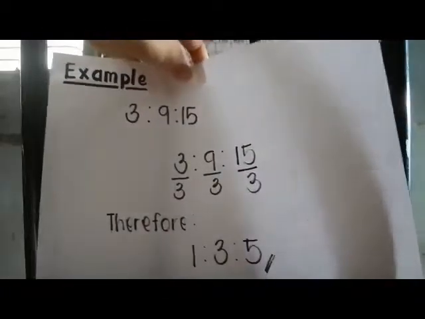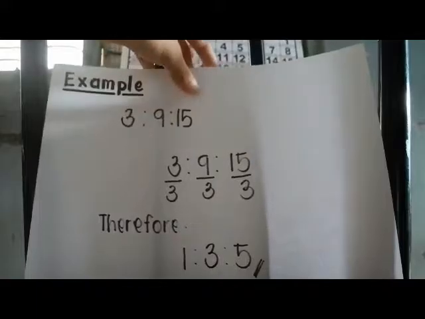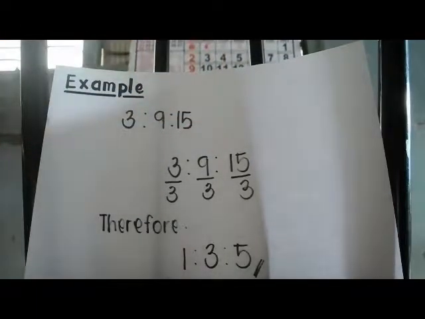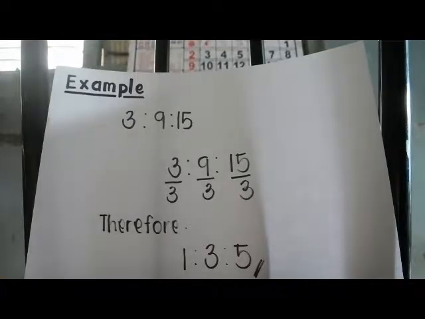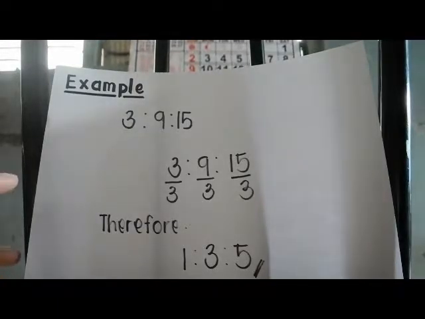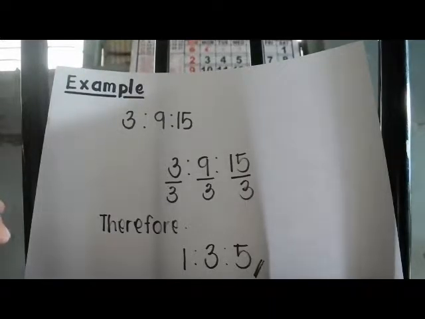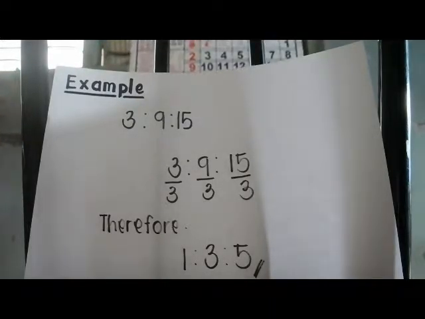The last example is 3, 9, and 15. Comparing 3 numbers in a ratio is also the same as we simplify it. To simplify it, we must think of a number that will divide them equally.